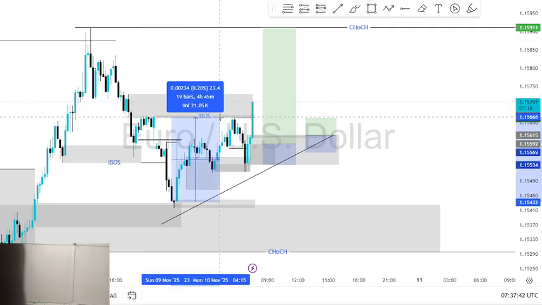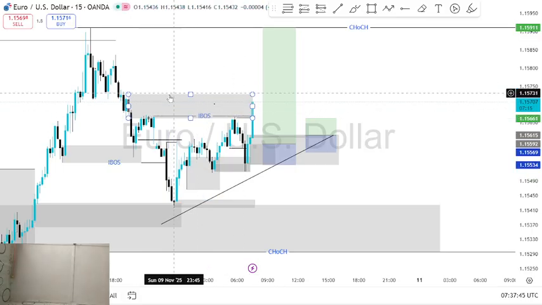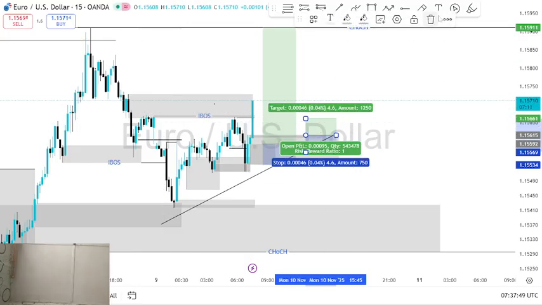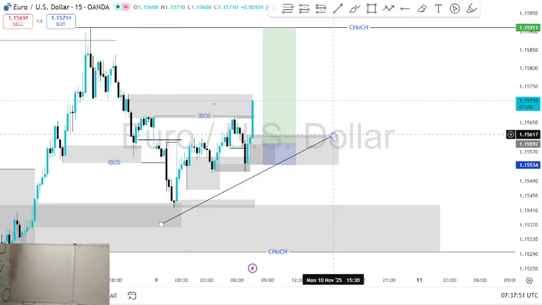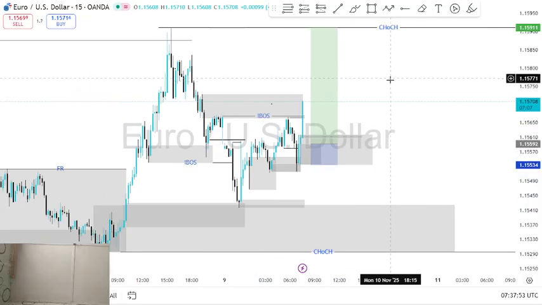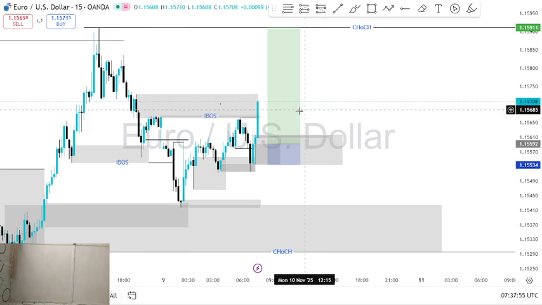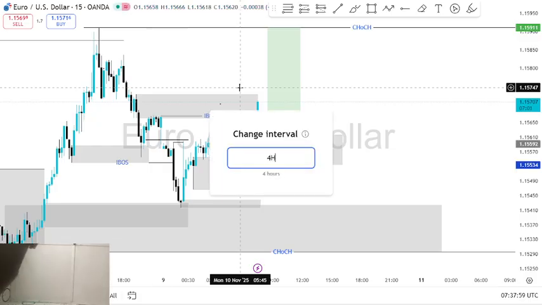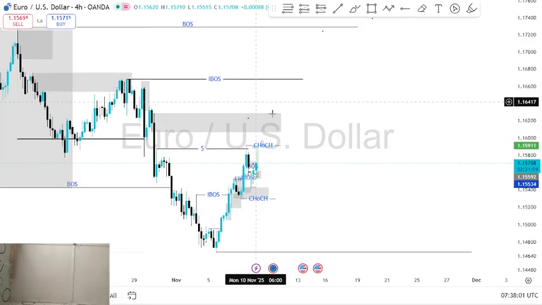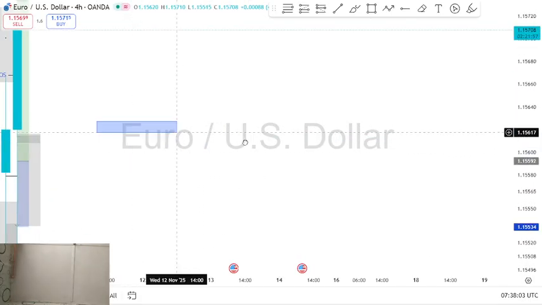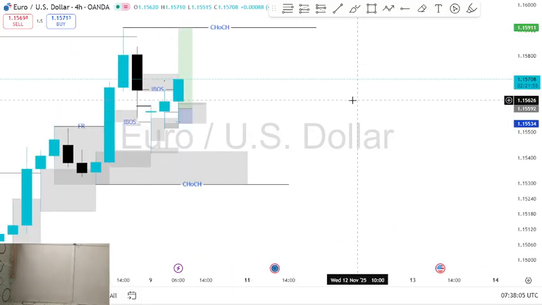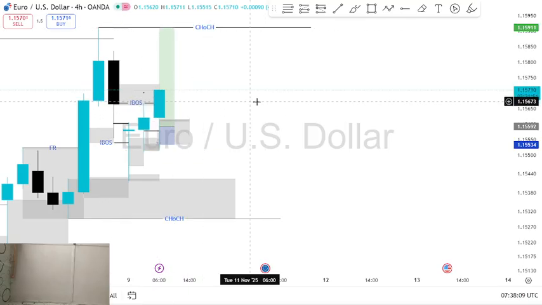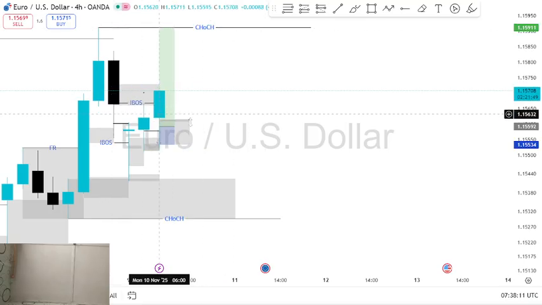So looking at this pullback, 20 something pips. So price is moving impulsive, quite impulsive to the upside. You can see the move has already begun. If price will pull back, cool.